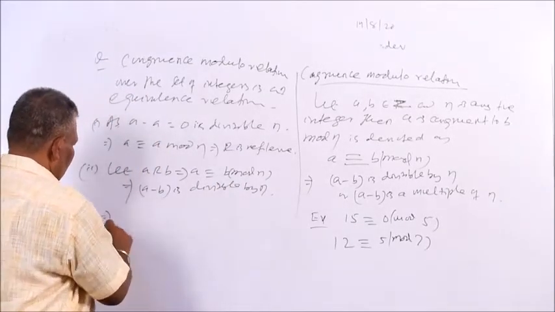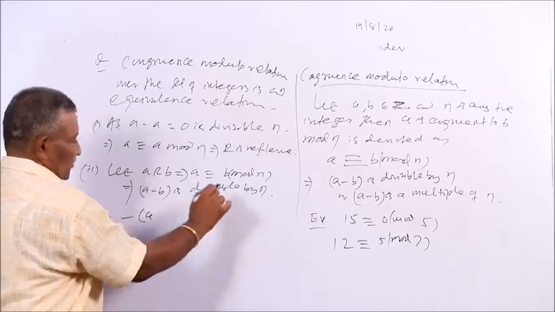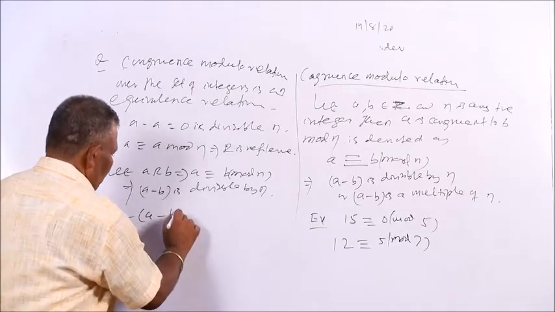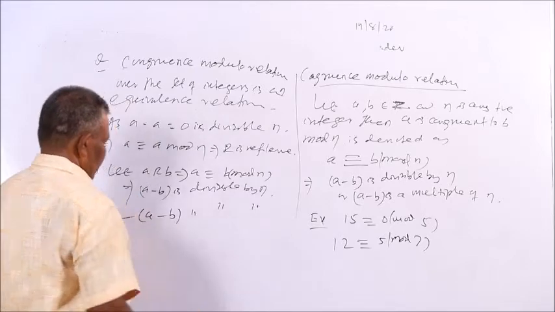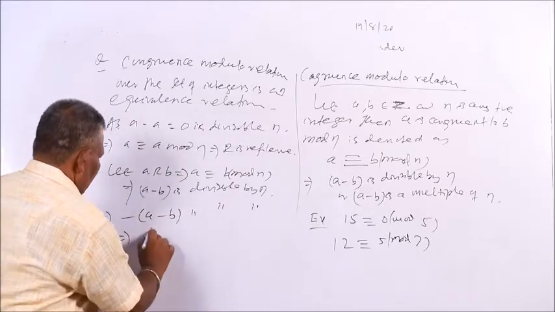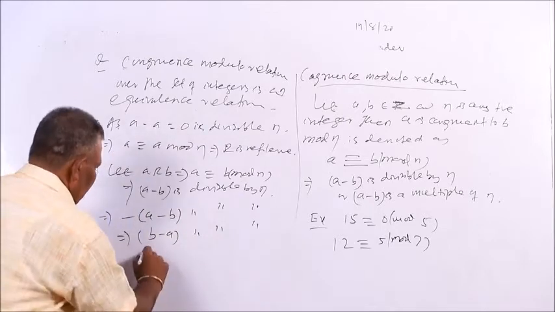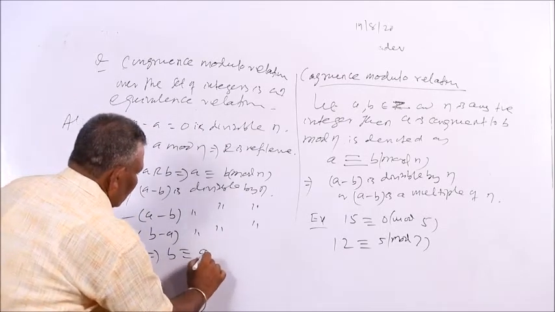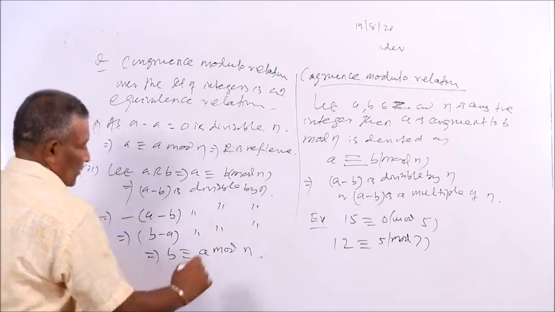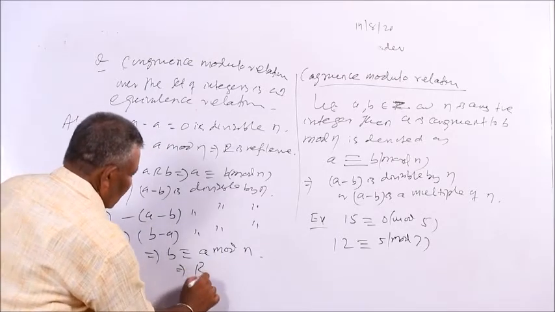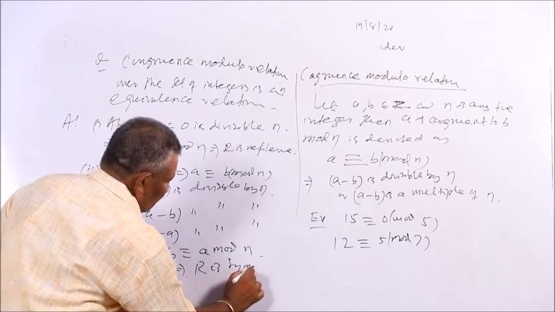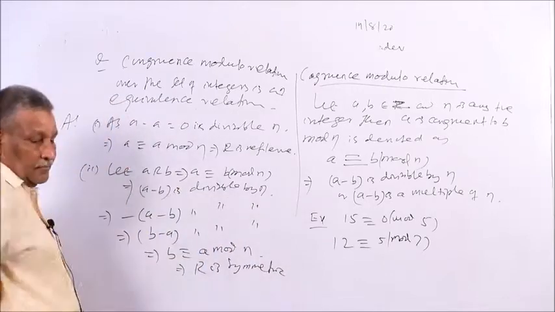My point is, if a minus b is divisible by n, then minus of a minus b is also divisible by n. That is, b minus a is divisible by n. That implies b is congruent to a mod n. That implies R is symmetric.